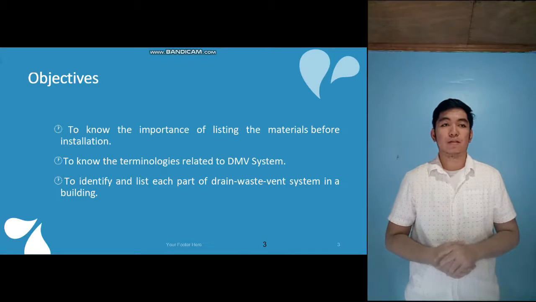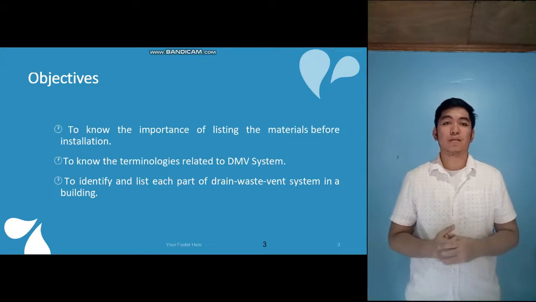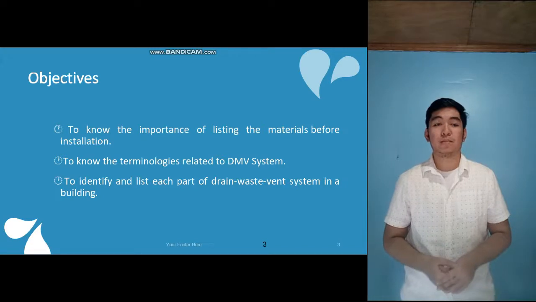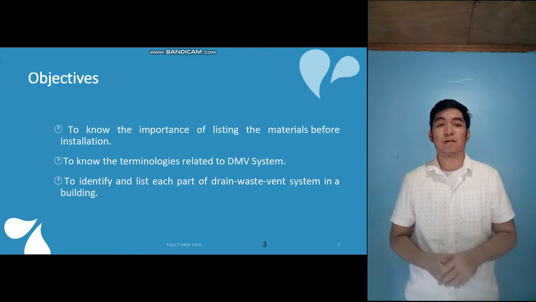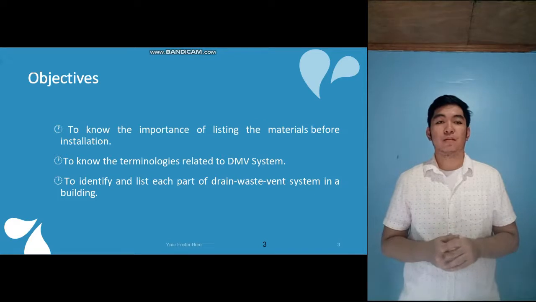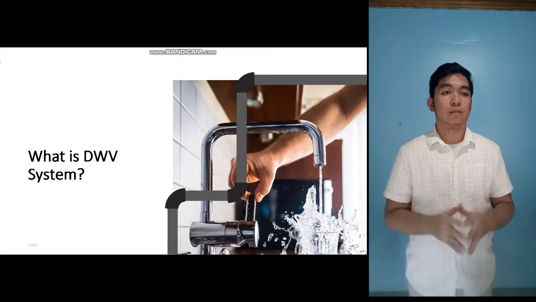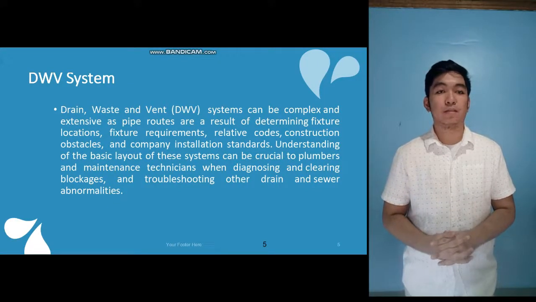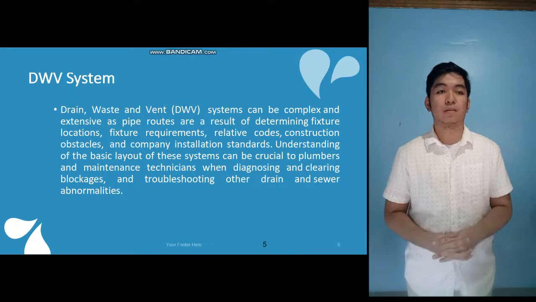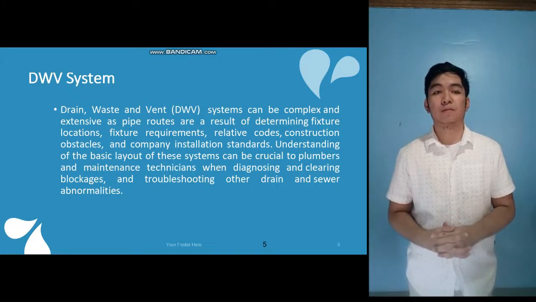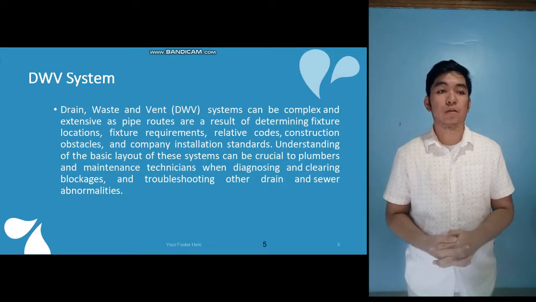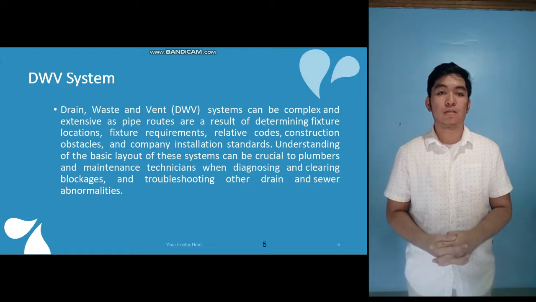So for objectives: to know the importance of listing the material installation, to know the terminologies related to the DWV system, and to identify and list each part of the drainage or drain waste vent system of the building. The DWV system can be complex and extensive, as pipe routes are a result of determining fixture locations, fixture requirements, relevant codes, construction obstacles, and company installation standards.